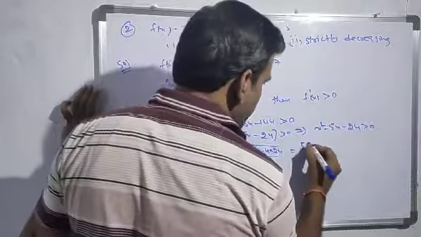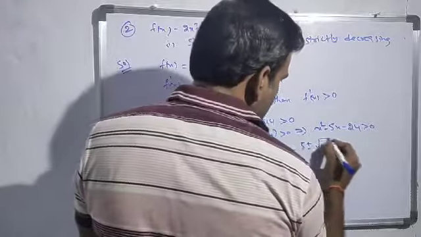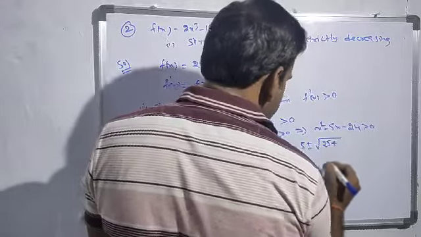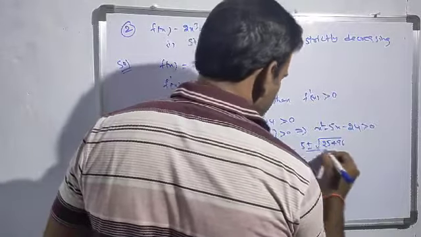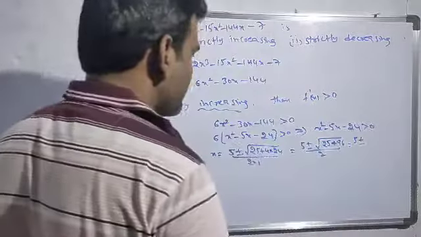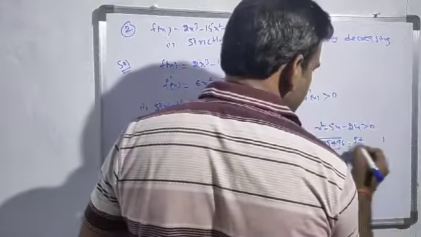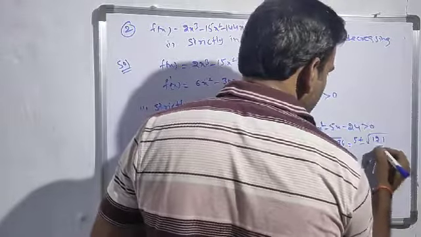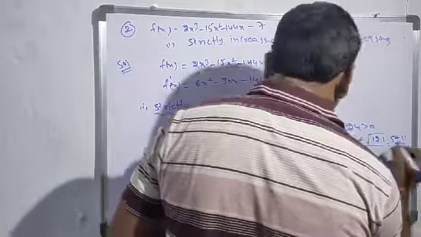So that means 5 plus or minus square root of 25 plus 96, by 2. So 5 plus or minus 11 by 2.